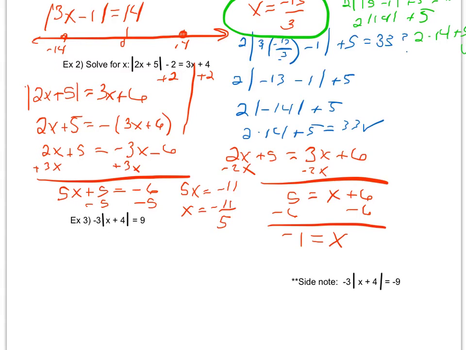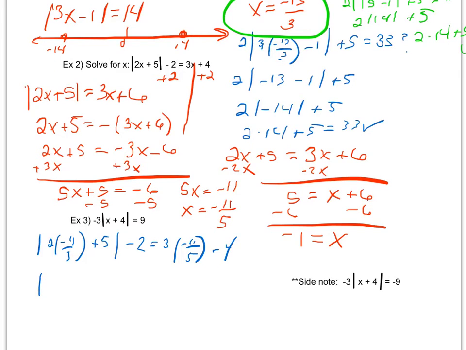So checking the first answer of negative 11 fifths, I get the absolute value of 2 times negative 11 fifths, plus 5, absolute value, minus 2 equals 3 times negative 11 fifths. Those are just parentheses that I'm plugging in with, plus 4.